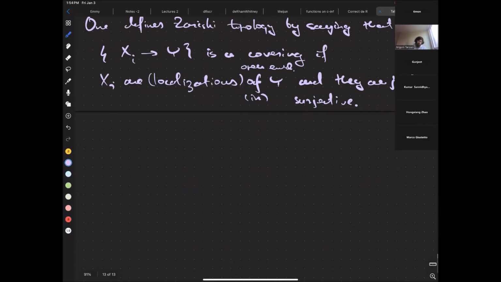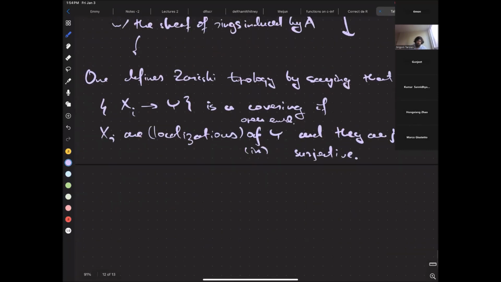For E infinity rings, you just do the same thing, with everything taken with respect to pi naught. So basically the idea is that whenever it comes to defining covering families in derived geometry, you just go back to the classical setting by taking pi naught, and then in the classical setting you have all these notions like Zariski, étale, etc.